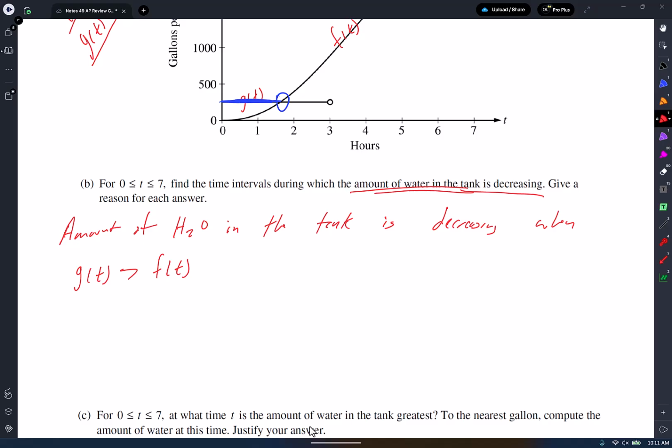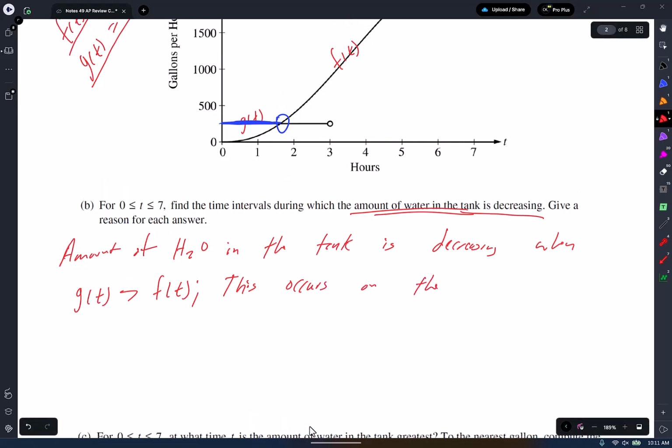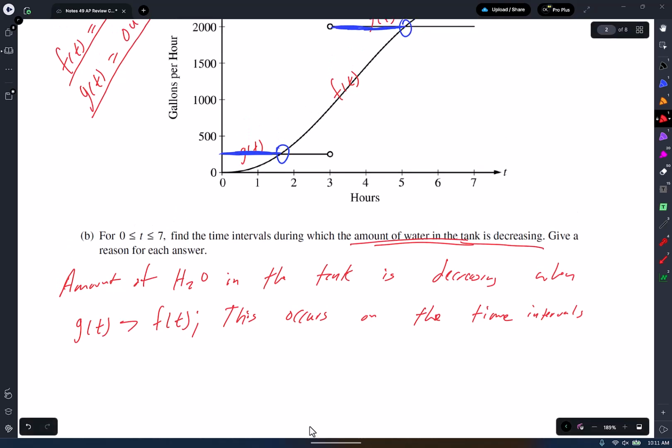I'm going to put semicolon, and I'm going to write this occurs on the, bless you, and there's 2 time intervals. On the time intervals, let's see, which is the first one? 0 to 1.617?